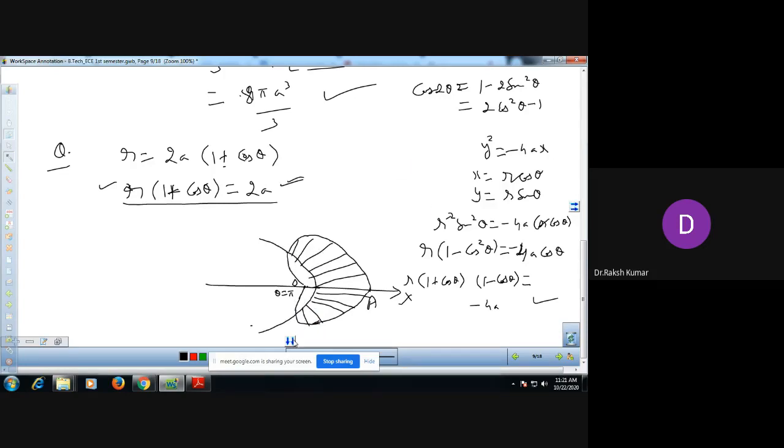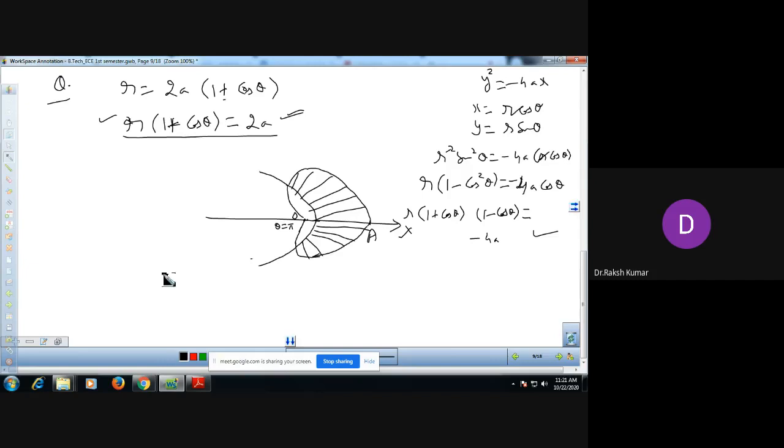Now, because you have to revolve about the initial line, clearly the formula will be 2 by 3 pi. Now, R is important here because R is involved in these two equations. Yesterday we did the formula like this.